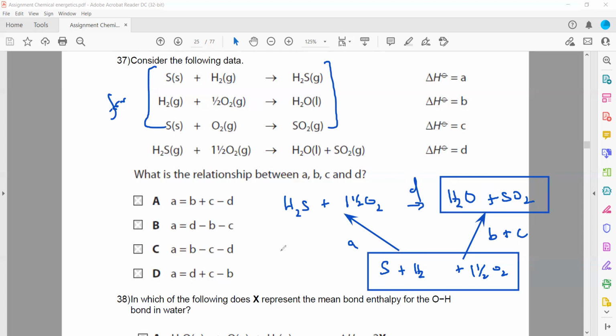So this is route 1: A plus D is equal to B plus C. We need A only, so A is equal to B plus C minus D. That's why for 37, A should be the right answer. Is it clear? Whenever formation is given, you add a link which is called the elements.